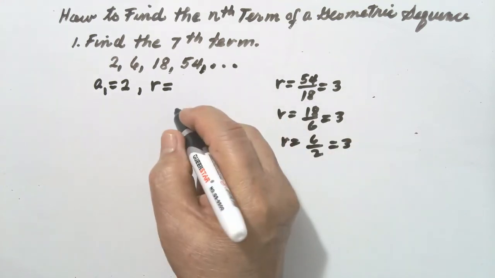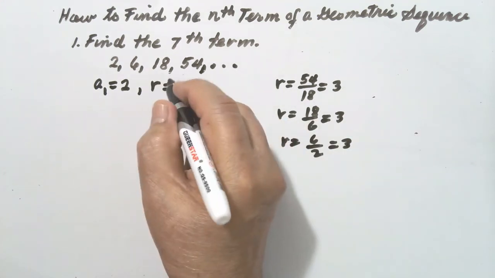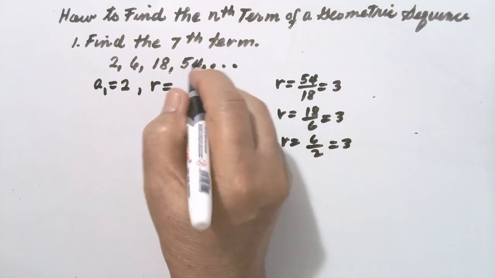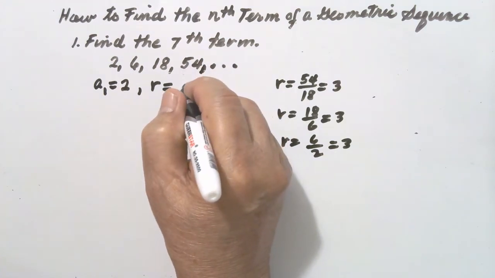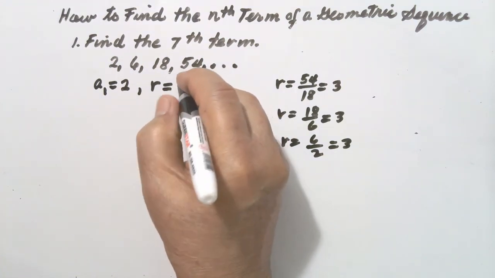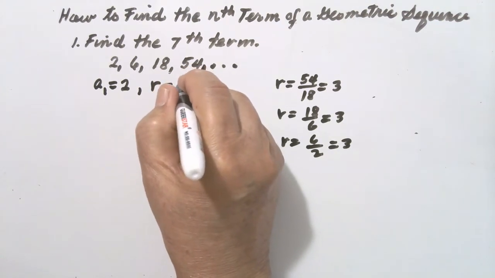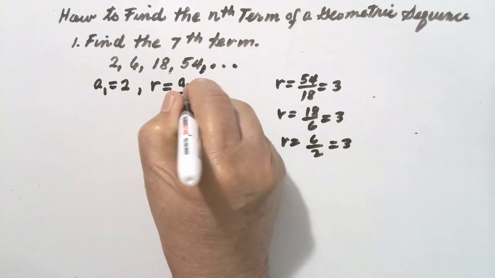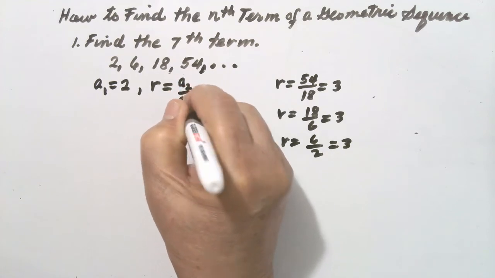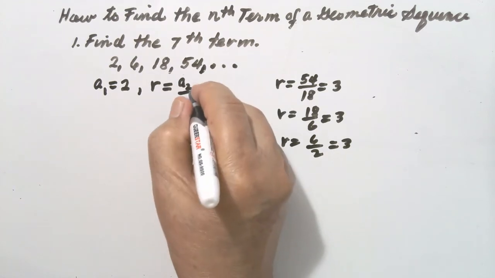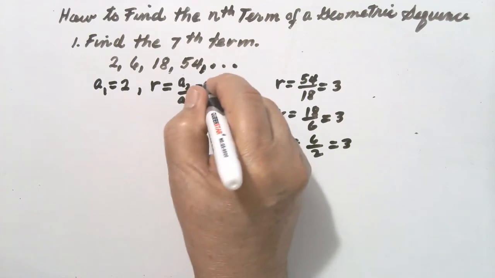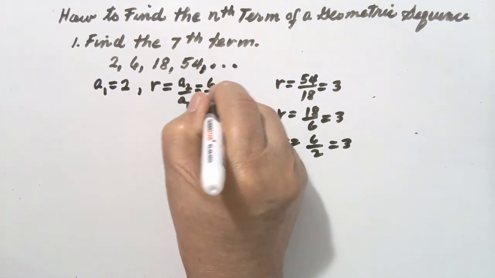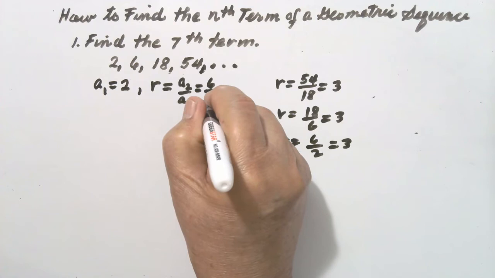But in computations of the nth term in a geometric sequence, we usually divide the second term by the first term to get the ratio. A sub 2 is 6 and a sub 1 is 2.